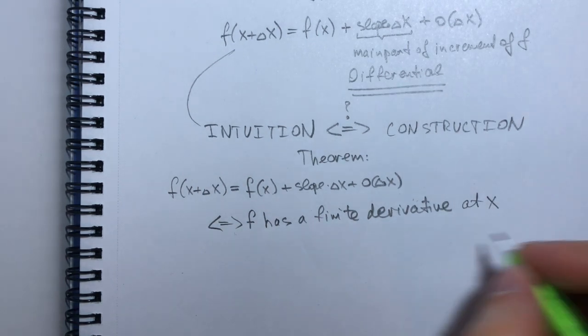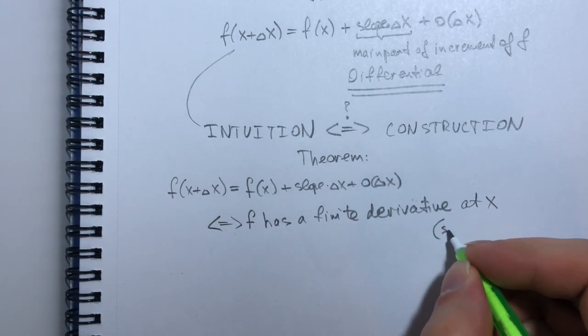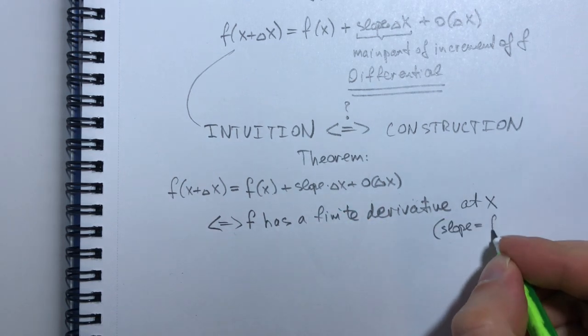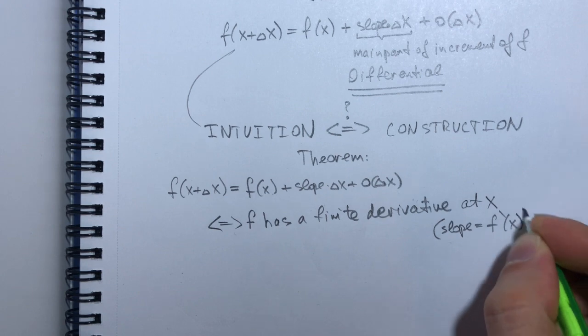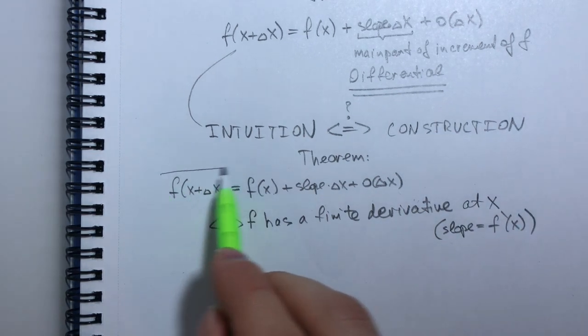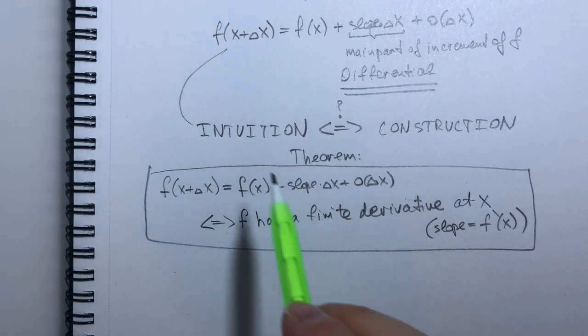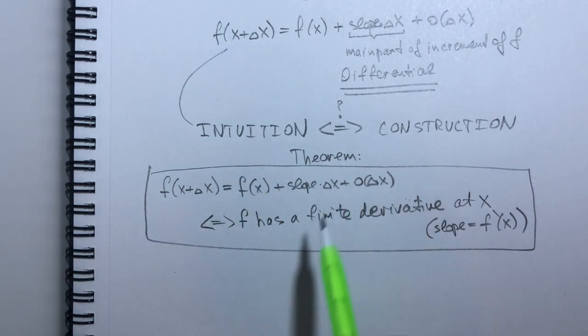And if this happens, we know that the slope here equals exactly f prime of x. So this is the most important theorem that connects our intuition and the way we construct a tangent.